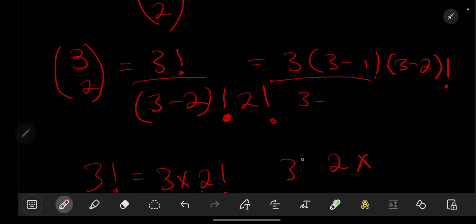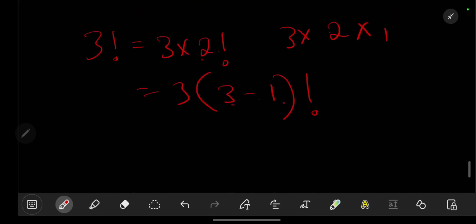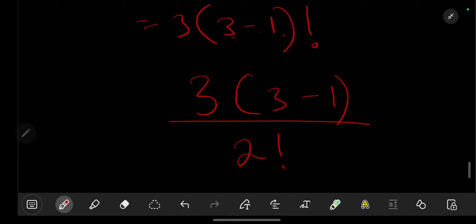So we have 3 outside times 2, 3 minus 1 that's 1, so I haven't changed anything. So we have 3 minus 2 factorial times the 2 factorial, like that. This one and this one will cancel each other, so what are we having now? We have 3 open brackets 3 minus 1 over the 2 factorial.